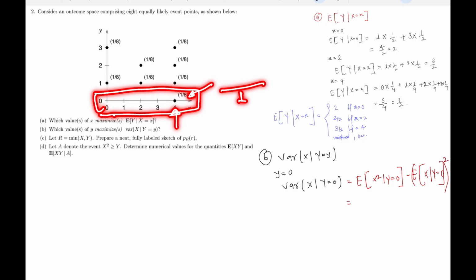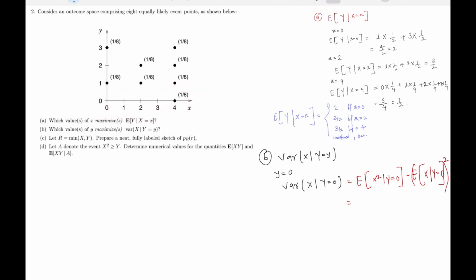We have the total probability 1 divided by 8 and the favorable is 1 divided by 8. So this conditional probability where random variable x takes the value 4 given y takes the value 0 is 1. So here x square will be 16 into the corresponding probability 1. So this is the value of this one.